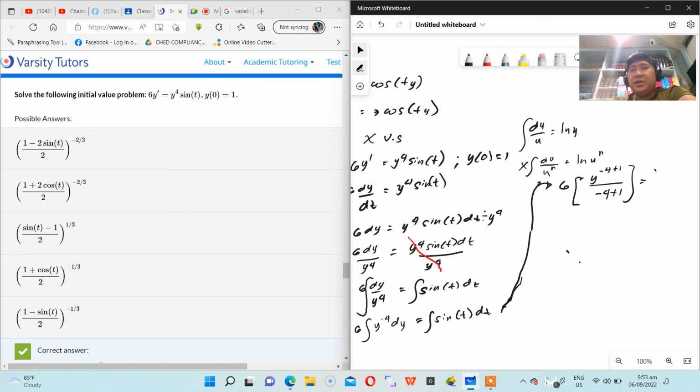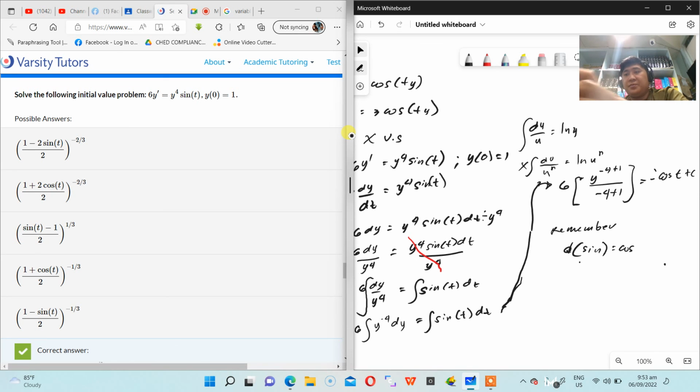So, equals the integral of sine. What is the integral of sine? Negative cosine t plus c. Remember, the derivative of sine is cosine.